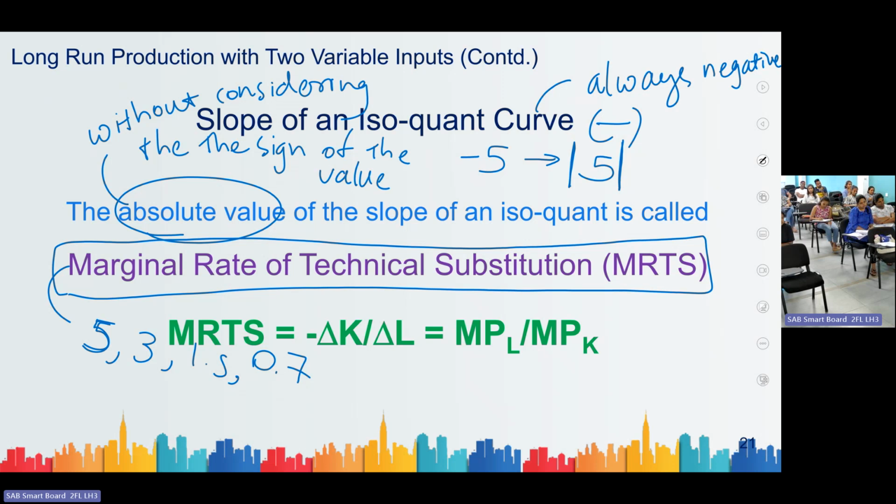So if we are expressing marginal rate of technical substitution, don't write minus values. Don't write minus signs. Just mention it without the minus sign, because marginal rate of technical substitution is the absolute value of the slope.